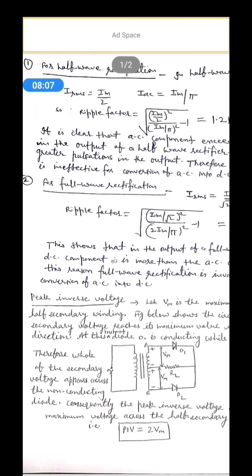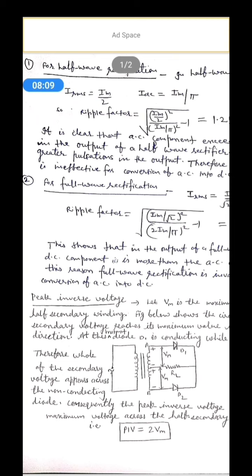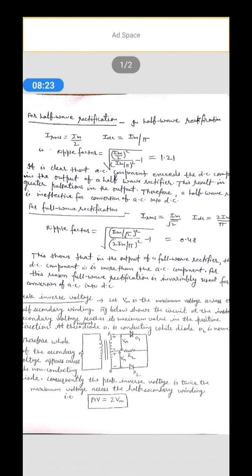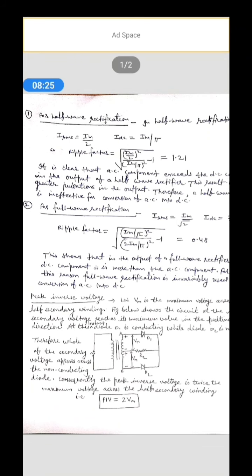Therefore, all of the secondary voltage appears across the non-conducting diode. Consequently, the peak inverse voltage is twice the maximum voltage across the half secondary winding.